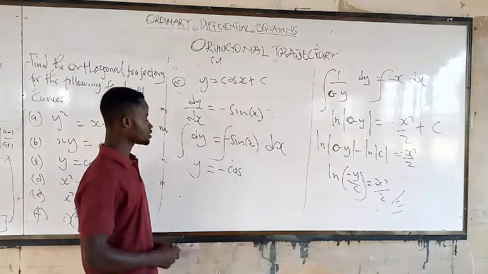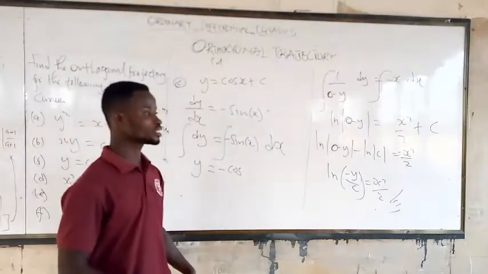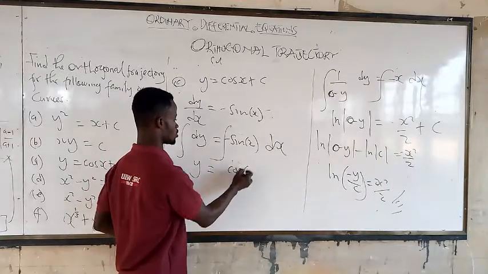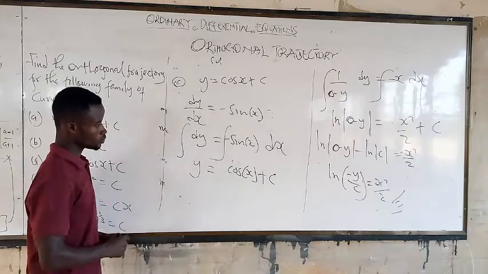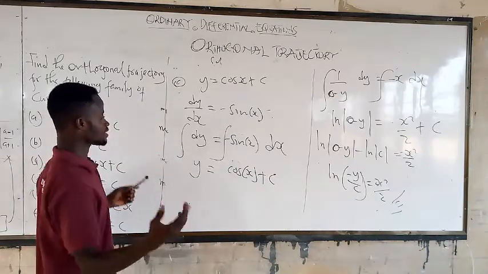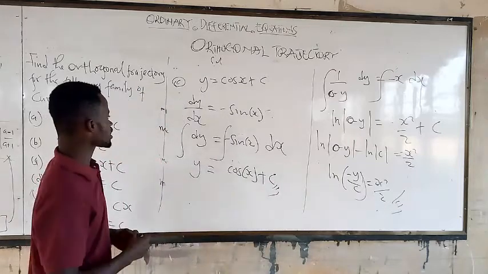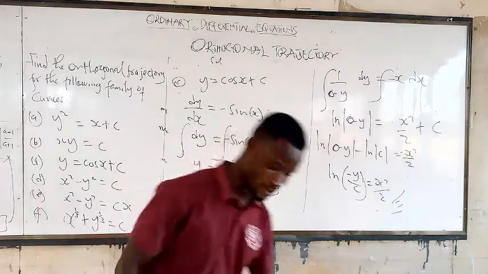When you integrate sine, you get negative cos. So here it will be positive cos s plus c. That is going to be your final answer for that, because you forgot to take the negative reciprocal.